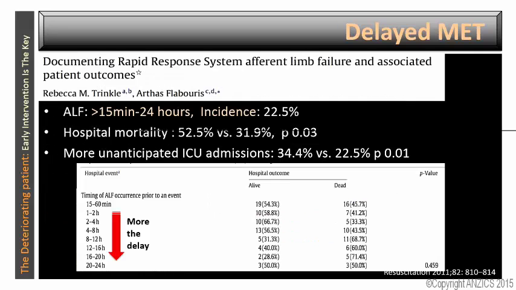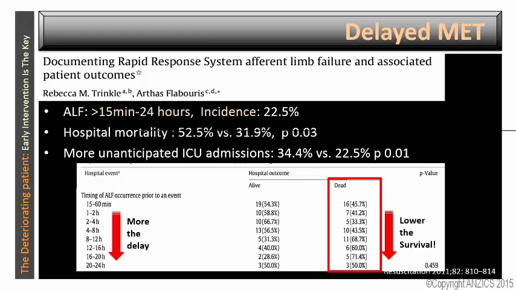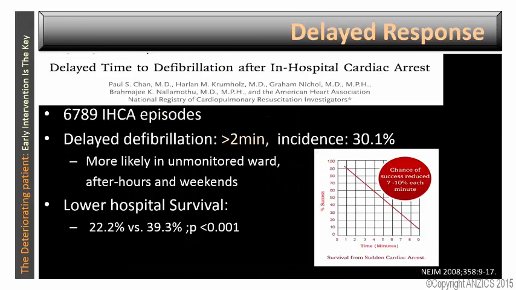This was demonstrated by a fantastic study where they looked at different time intervals and their mortality. The more you delay the MET, the worse the survival. Mortality went up from 45% to nearly 75% if there was a significant delay in the MET calls.